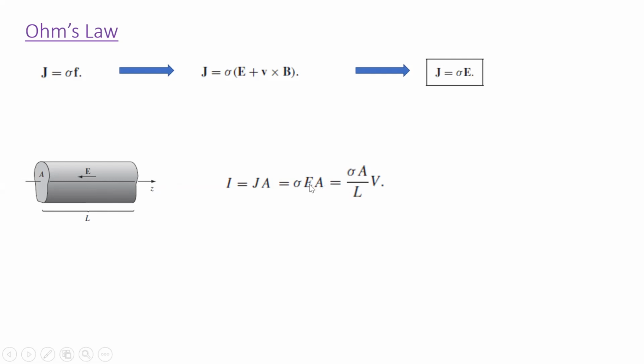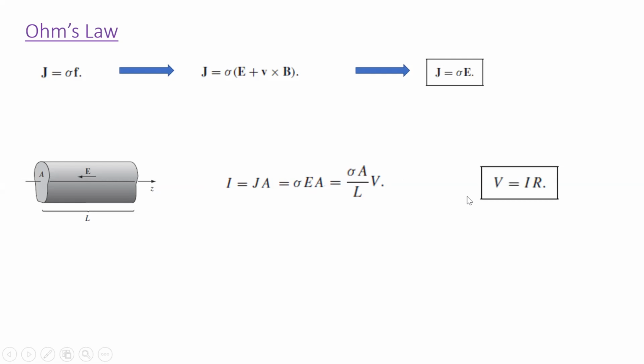That's because the magnitude of the voltage is equal to the electric field times the length, for constant electric fields. So the current is equal to sigma A over L, which are all constants, times V. So we have current proportional to voltage, which is what you normally associate Ohm's law as being.